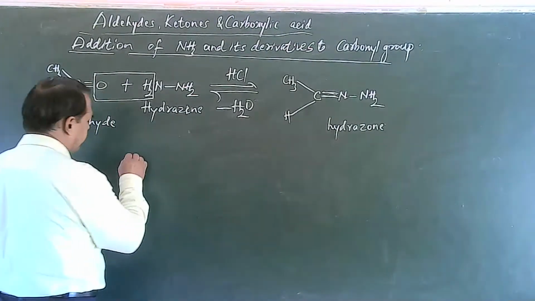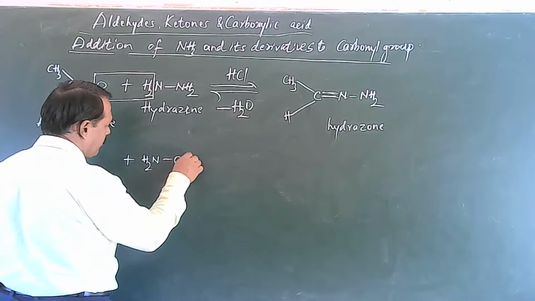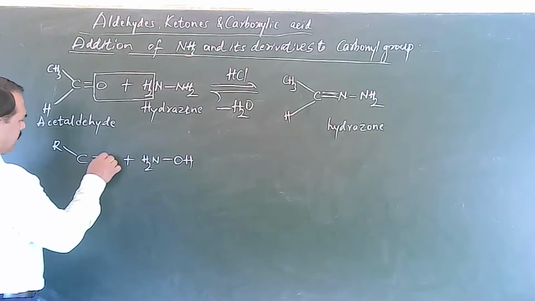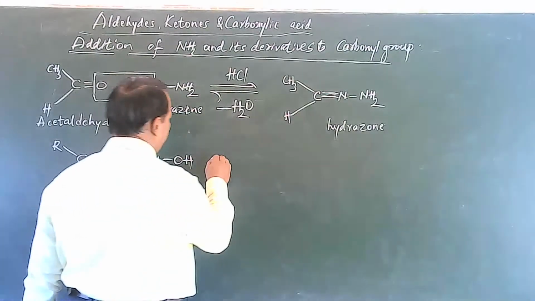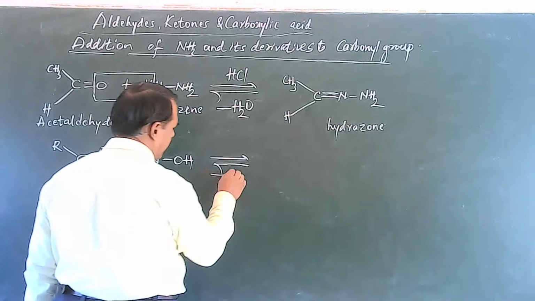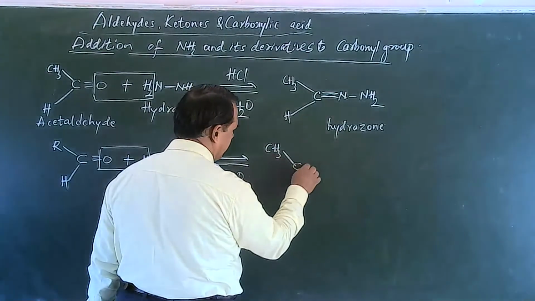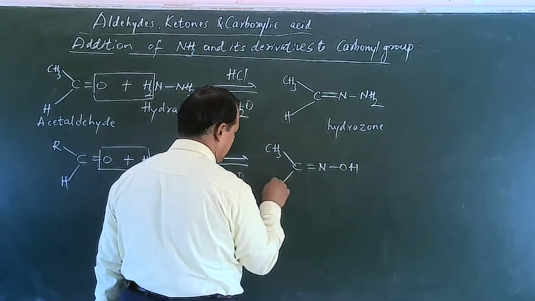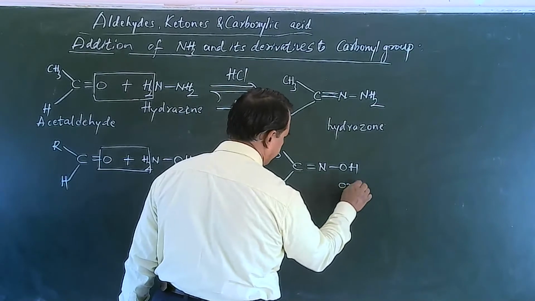Now see hydroxylamine, NH2OH, which forms an oxime. When the aldehyde CH3 C double bond O H reacts with hydroxylamine, this is a reversible reaction. Again, water is removed, minus water. So we will get CH3 CH double bond N OH, and an oxime is formed.